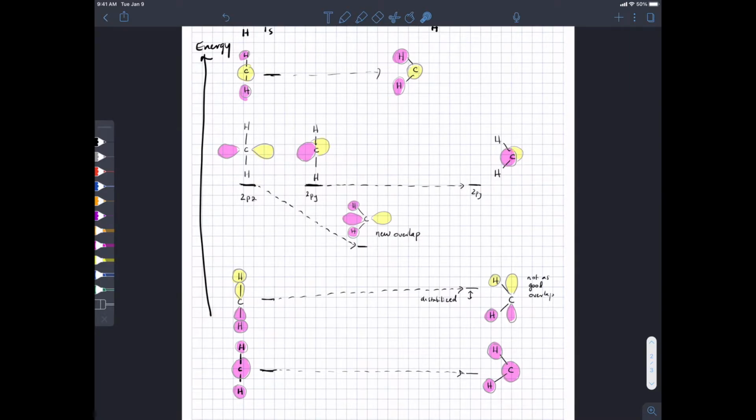Basically the same thing as pyramidal methyl. As we did before with pyramidal methyl, we are going to apply rule number 7.